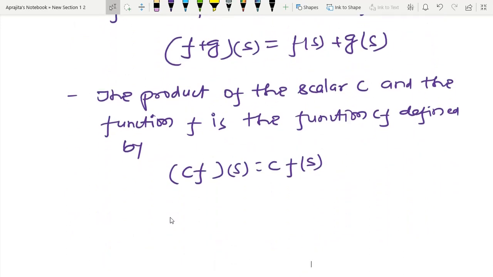That is the pointwise scaling of the point, some point by amount c. That is the interpretation of the product in case of function. Similarly, we can give different interpretation if our underlying field is different.